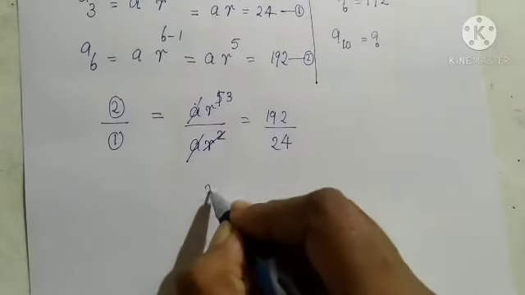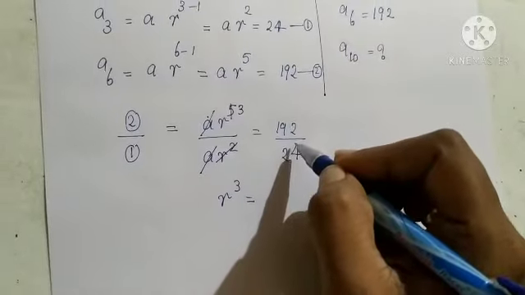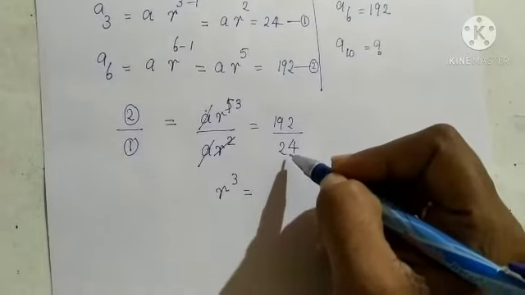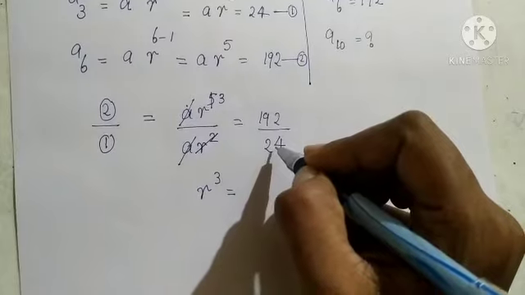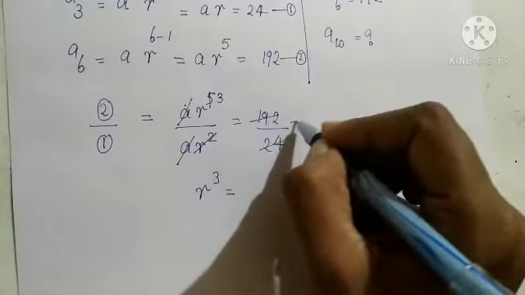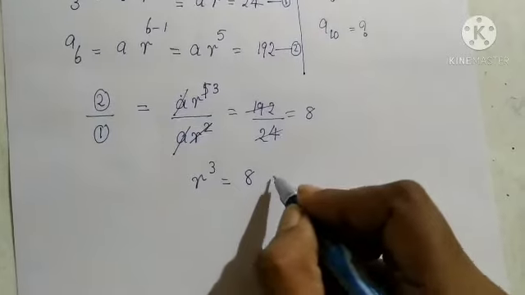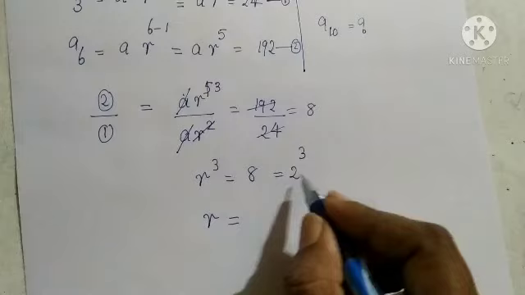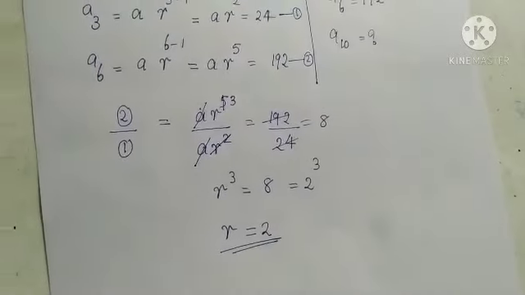Okay, so we get r cube is equal to 192 by 24. 24 into 8, so we get 8 here, so we get r cube equal to 8. 8 can also be written as 2 cube, so we get r is equal to 2. Common ratio is 2.